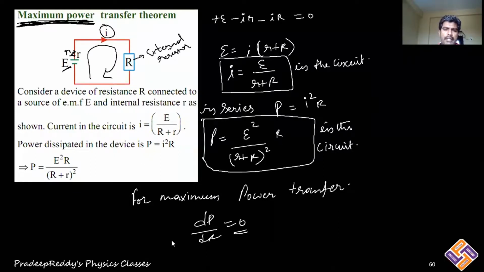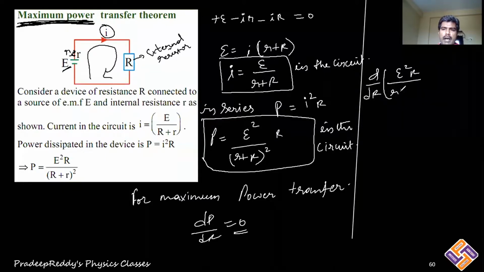So I'm writing dP by dR is equal to 0. Differentiate this with respect to capital R: d by dR of E squared R divided by r plus capital R whole squared is equal to 0. Now you should evaluate this differentiation. If you evaluate this, you will get small r is equal to capital R.